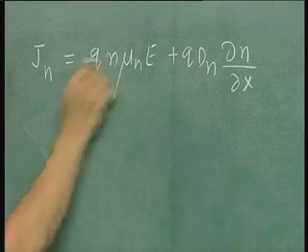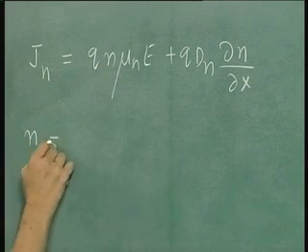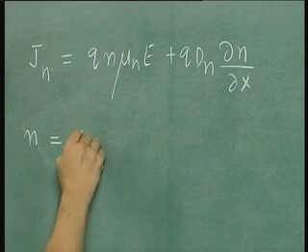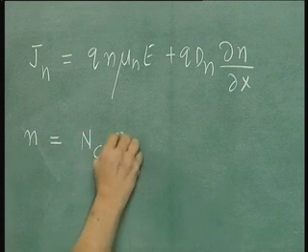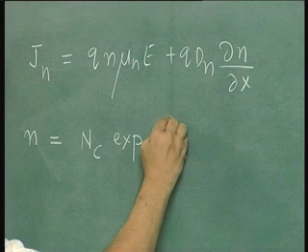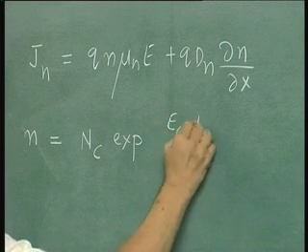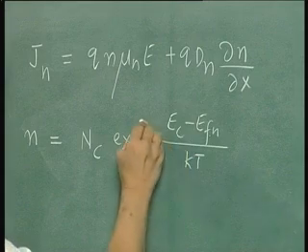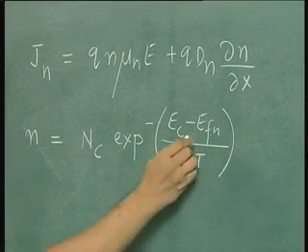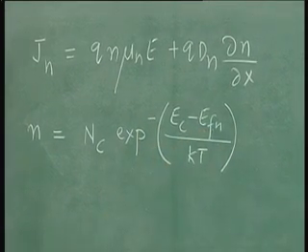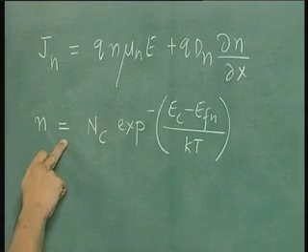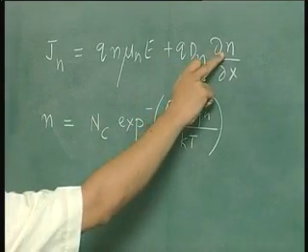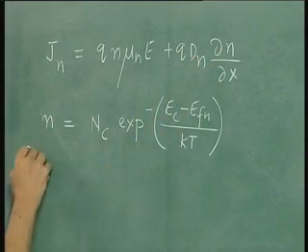So we start with the equation for n. Using the quasi-Fermi level concept, we can write n equal to Nc exponential of minus (EC minus EFN) by kT. This is the quasi-Fermi level for electrons. Now let us perform this operation dou n by dou x and see what we get.